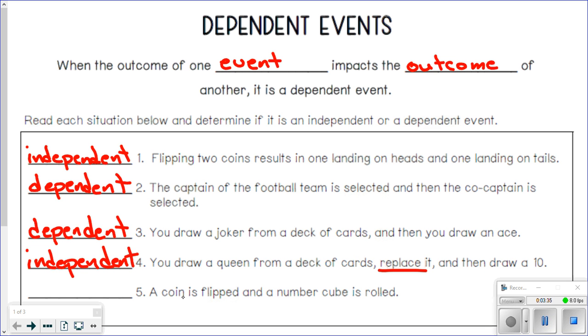And the last example here: a coin is flipped and a number cube is rolled. Is what you get on the coin, whether it's heads or tails, going to affect what you get on the number cube? The answer is no, so these are independent. If the first one doesn't affect the second one, then they're independent. If it does, then they're dependent.